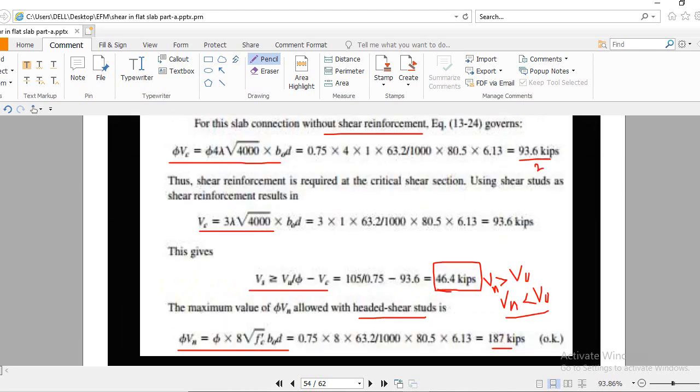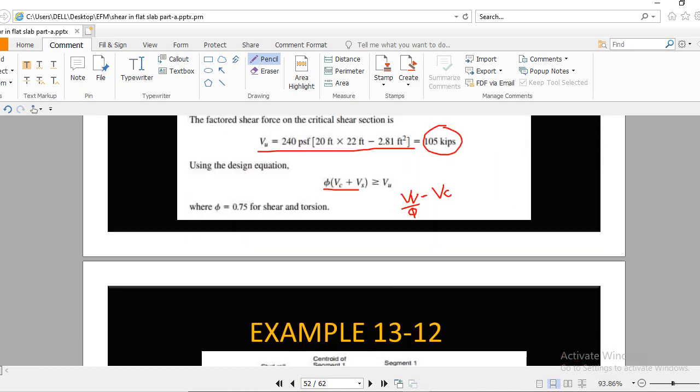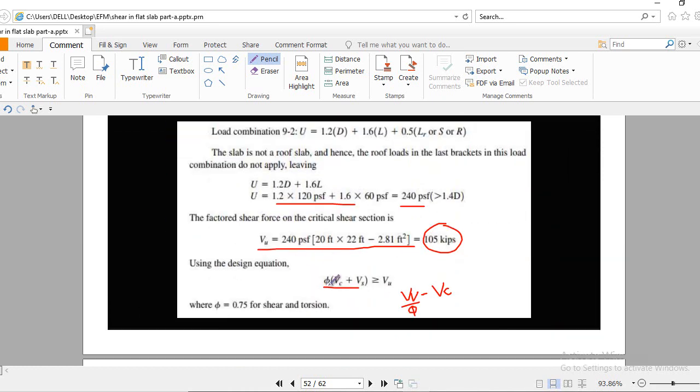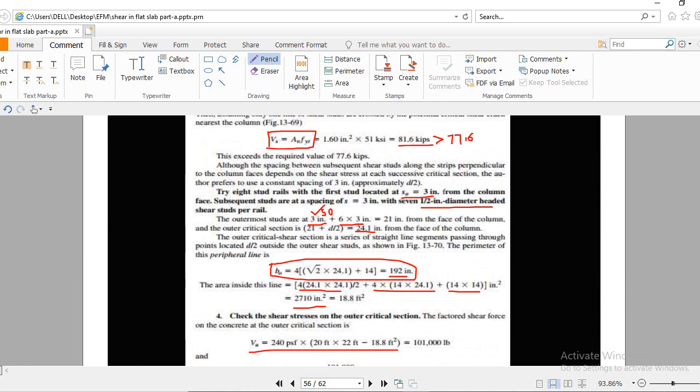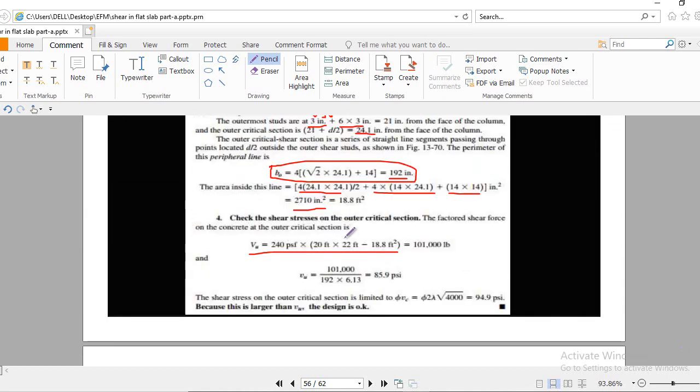Remember, we have to check the shear capacity for the first inner critical section. This is for inner, and now that is for outer. Now the shear stress, this is the shear stress vu. So the shear stress is Vu divided by b0 times d. This is the shear stress in psi.